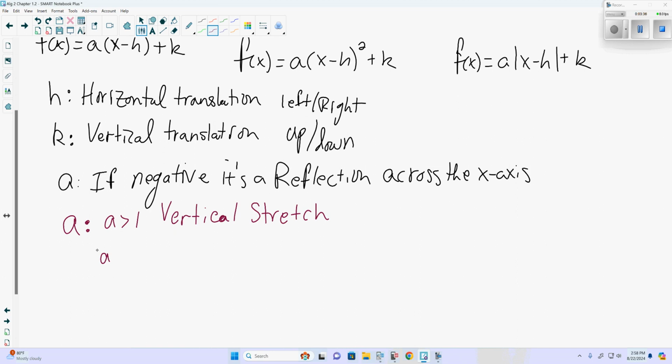If a is between 0 and 1, it is a vertical shrink. Now, if the value of a is negative, then it's a reflection across the x-axis.